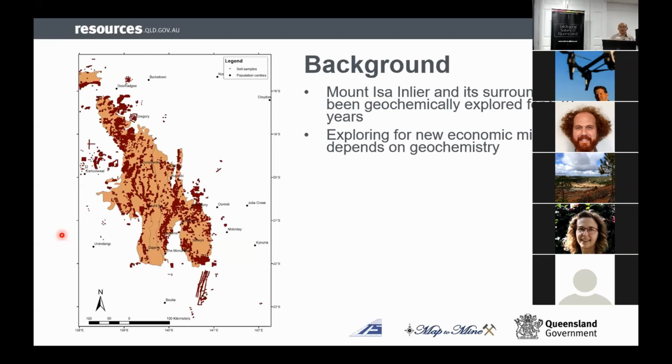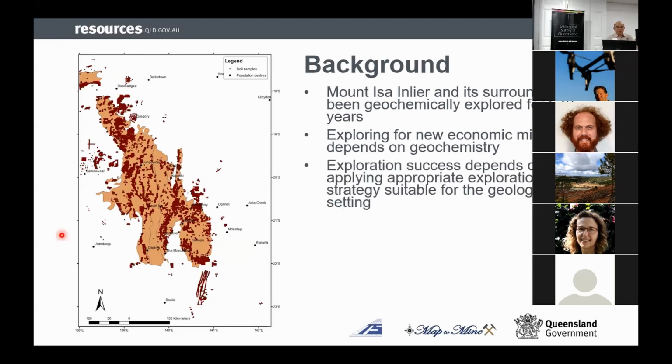Therefore, I think we have to revisit a lot of these things with a new eye. As this statement from the toolkit says, exploration success depends on using the right methods in the right geological setting, and therefore we need to know where the domain is.